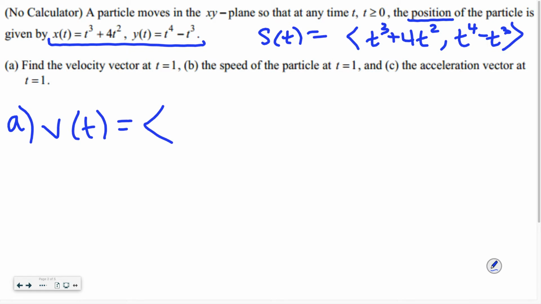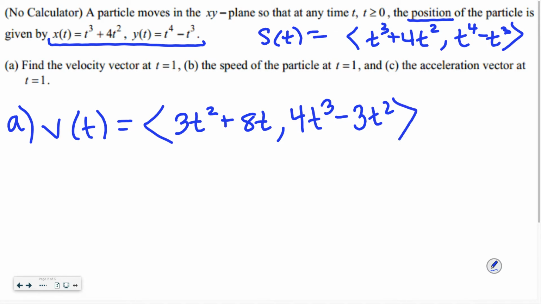Zane, what is our velocity vector? 3t squared plus 8t, comma, 4t to the 3rd minus 3t squared. That's our velocity vector in component form as opposed to i's and j's, it doesn't matter. If I want the velocity vector at 1, all we have to do is plug in 1 to get the vector 11, 1.